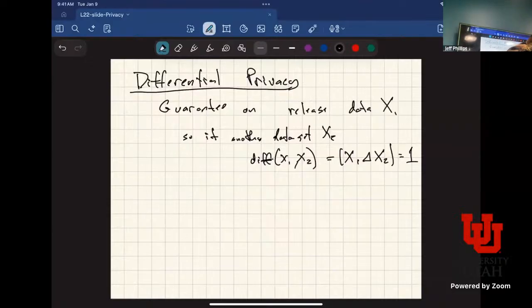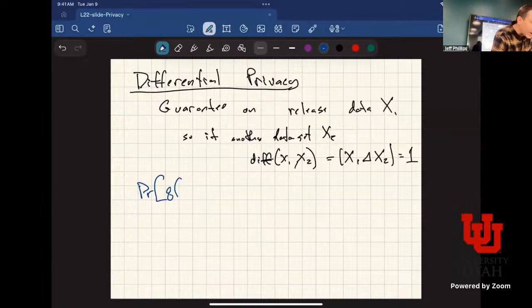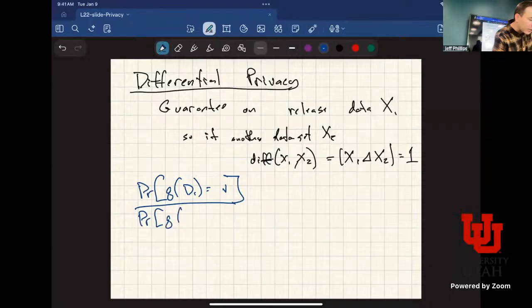Then I want to say something like: the probability that a query on x1 gives some value v, divided by the probability that the query on x2, a neighboring data set, also gives v.